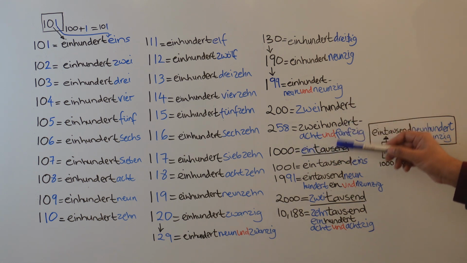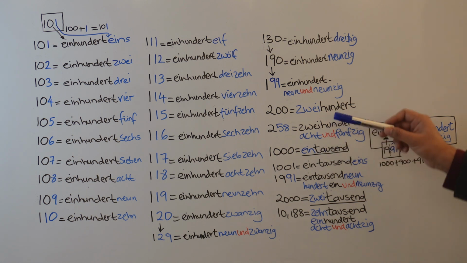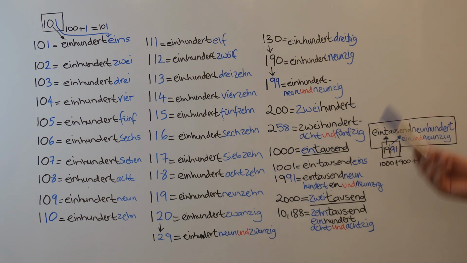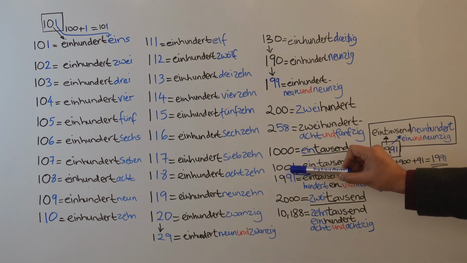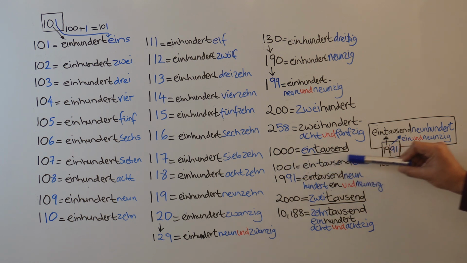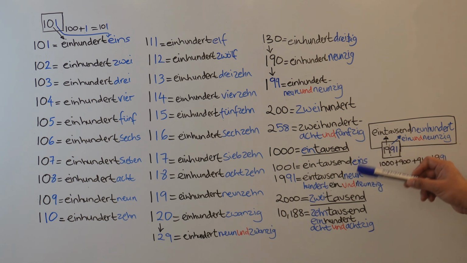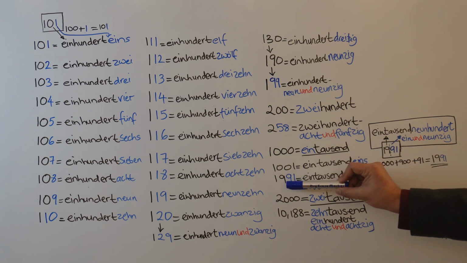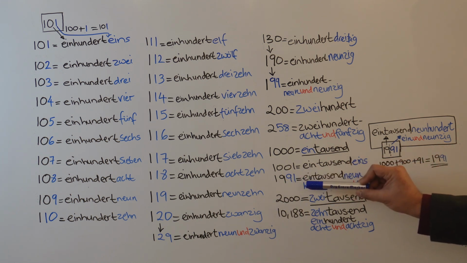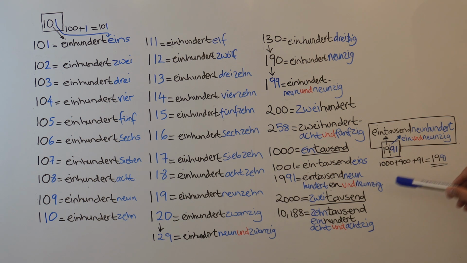1000, I told you already, it's eintausend, or you can also say only tausend. It depends, whatever you want. And then for 1001, tausendeins. The same sequence of English you will take in German. For 1991, you will say the same. Like over here, you see 1991 is tausend, neunhundert, einundneunzig.